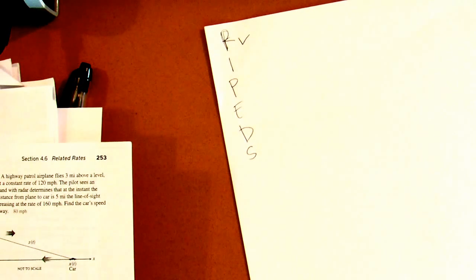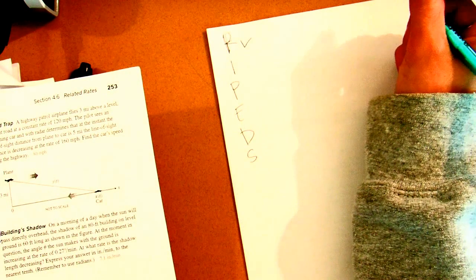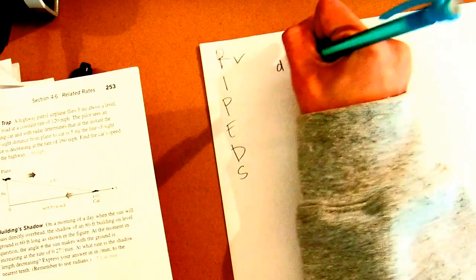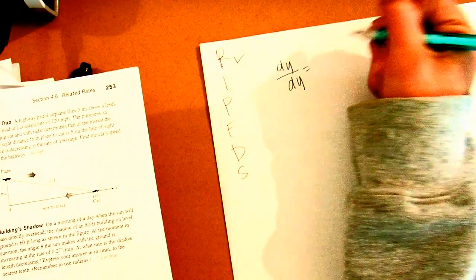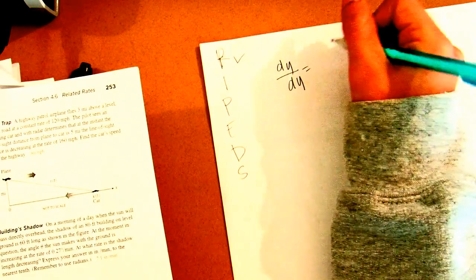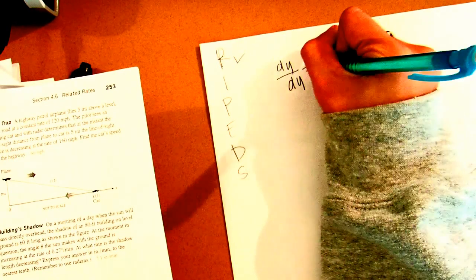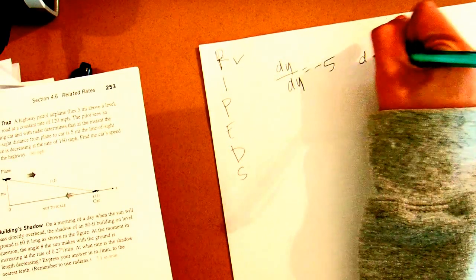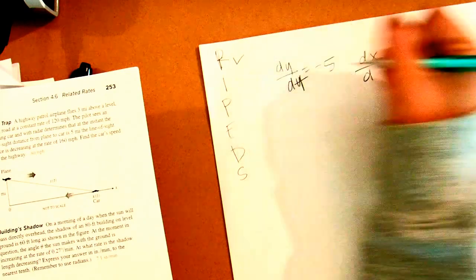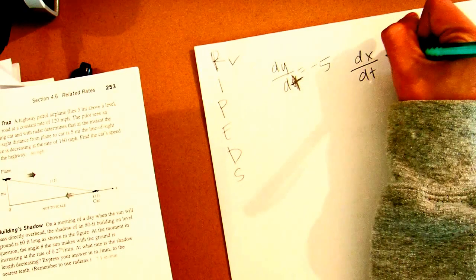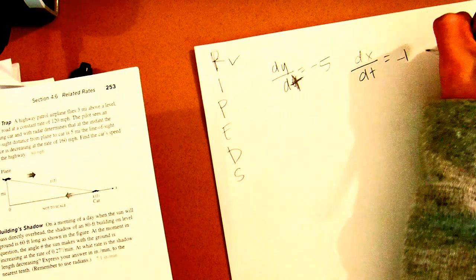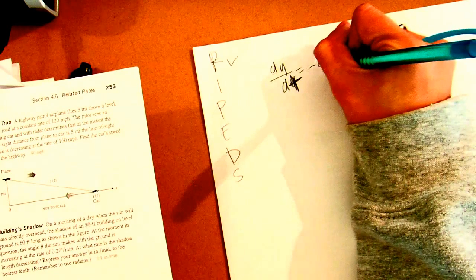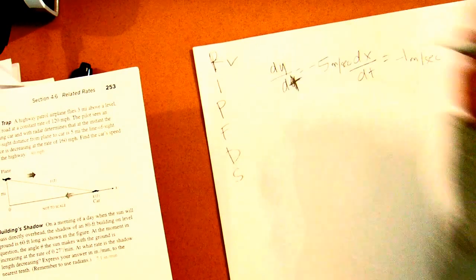Now we have to identify our givens, and our givens is that dy/dt equals -5 meters per second, and dx/dt equals -1 meters per second, and that's meters per second as well.